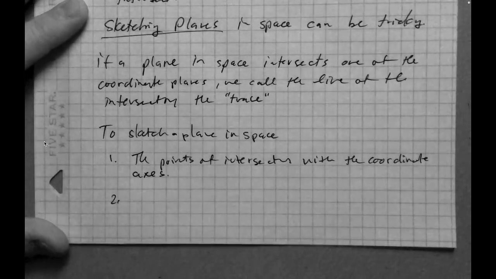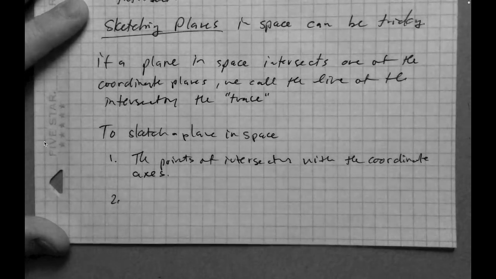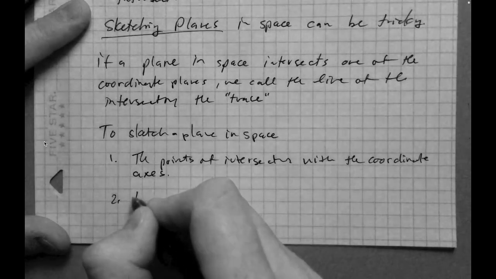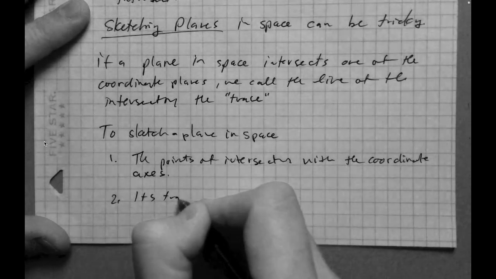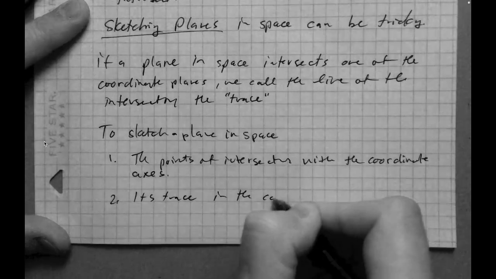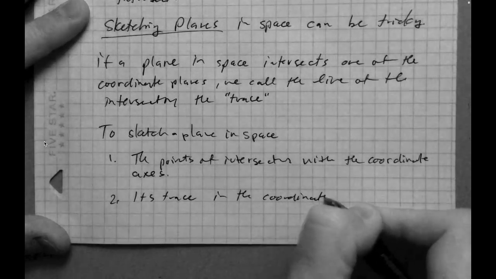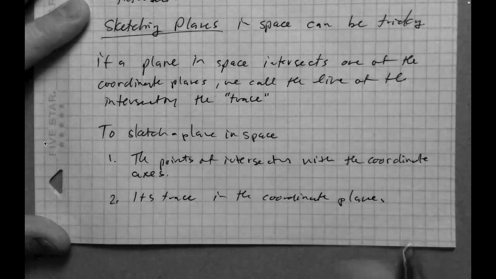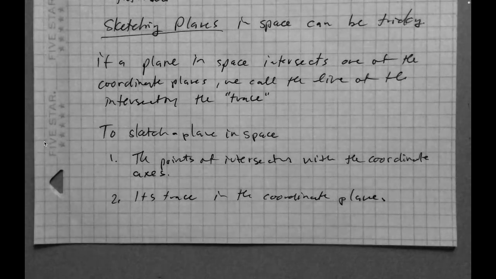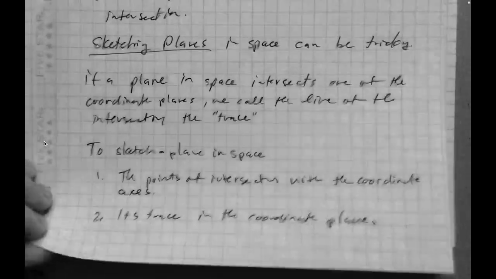The second thing is to know its trace in the coordinate planes. Now we'll talk about this in a sec. So what does this mean? Okay, let's do an example here.